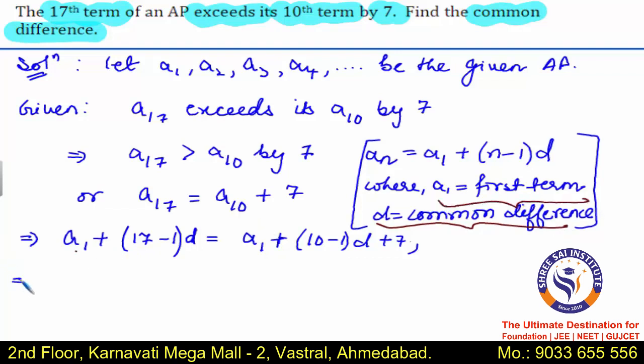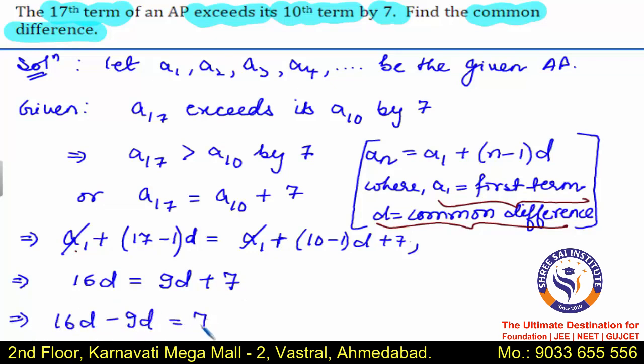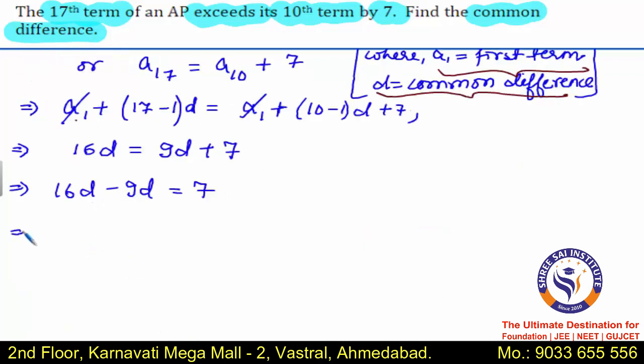Simplifying it further, A1 cancels out with A1. We have on the left hand side 16D is equal to 9D plus 7, which further implies 16D minus 9D is equal to 7, which implies that 7D is equal to 7, or D is equal to 1.